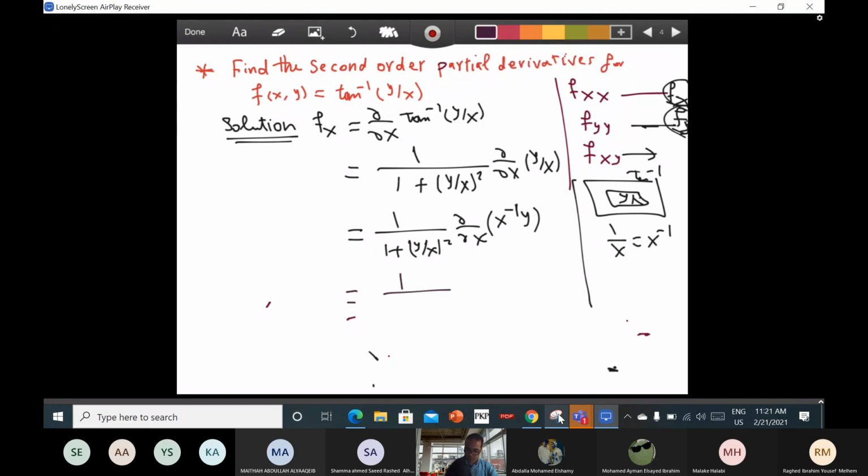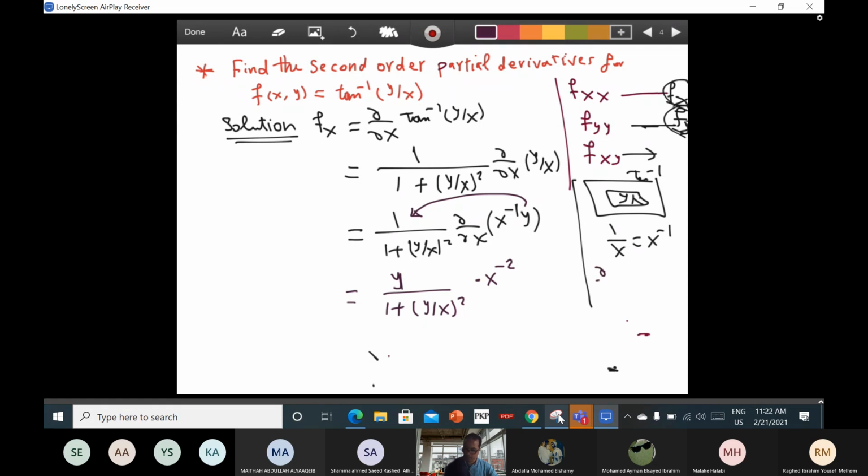So 1 over 1 plus y over x squared. Okay. And then what is the derivative of x to the minus 1? It is minus x to the minus 2, right? Yes. And y is like 5 or 3, so you can take it outside, because it's multiplied, it's not added.